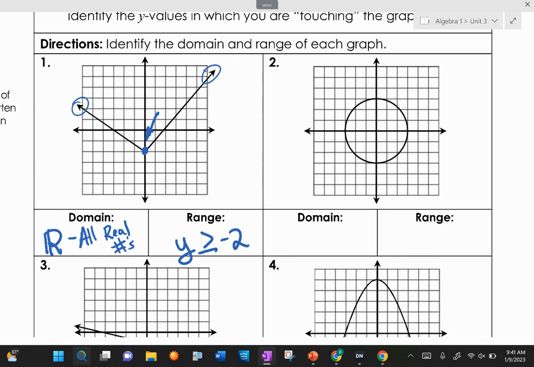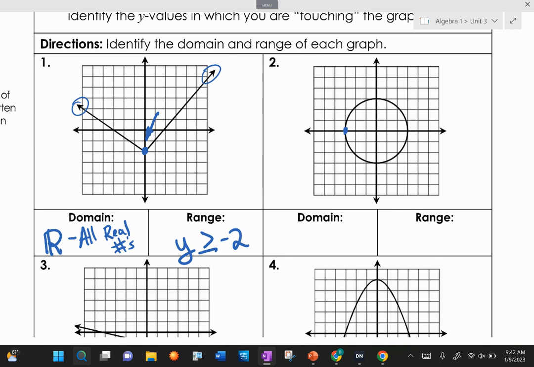Number 2, we're going to start with the domain, scanning left to right. If I start scanning left to right, which everyone should be doing on their paper, what's the first thing I see? I see that left edge of the circle that crosses what x value? -3.